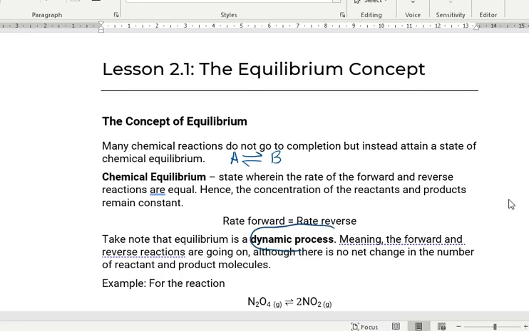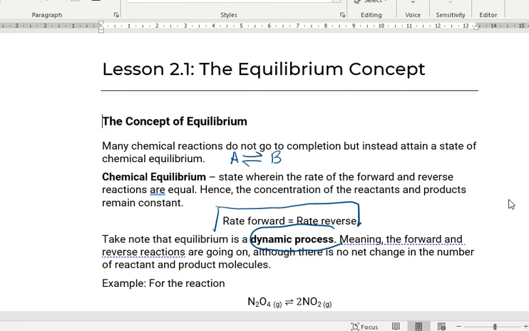This is a dynamic process. So what's actually happening is that A converts to B, but then B is also converting to A. So the rate of formation of B is equal to the rate of formation of A, which is rate forward is equal to the rate reverse.